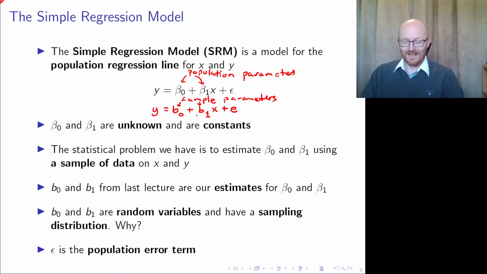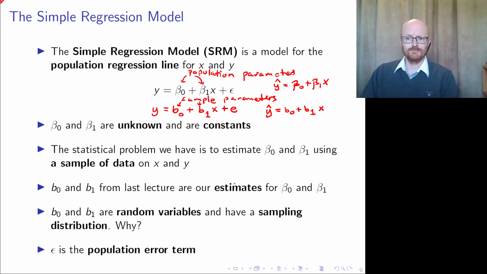Okay. So you get the regression line is equal to the intercept plus the slope times x, okay? And the population regression line would be beta naught plus beta 1 times x, the population intercept and the population slope, which is not observed, okay?